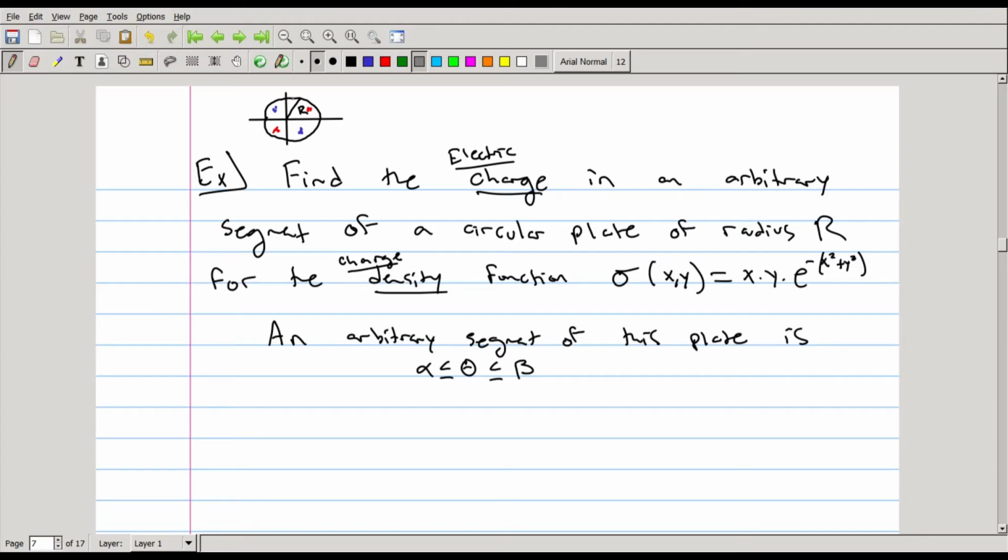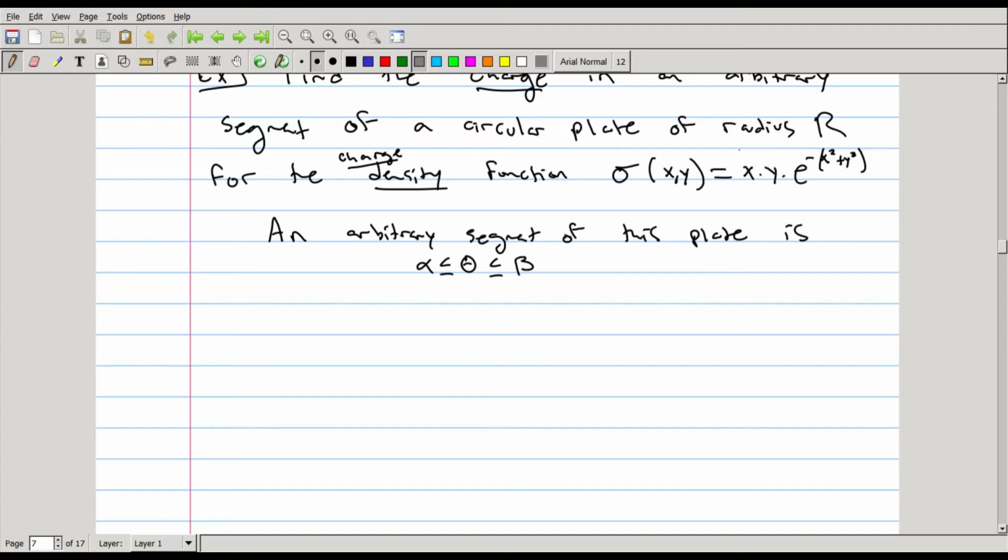So for instance, you consider this arbitrary segment right here, and this is our region R that we're integrating over if we want the charge on this arbitrary segment of the plate that has this charge density function.